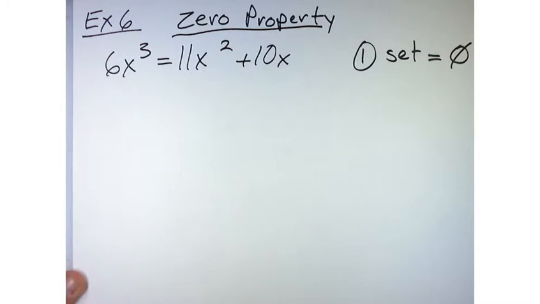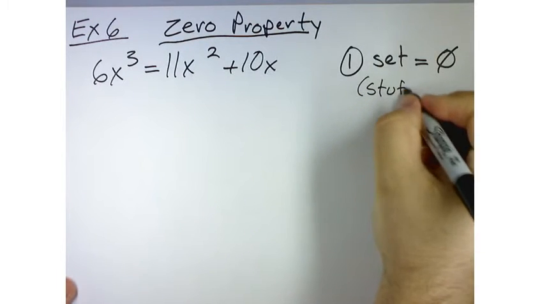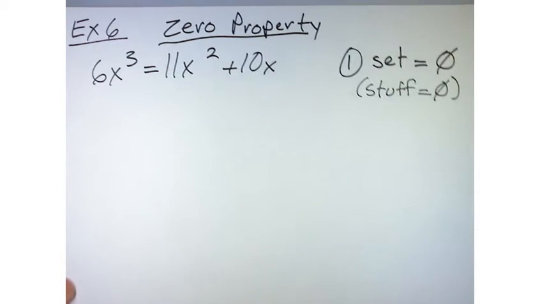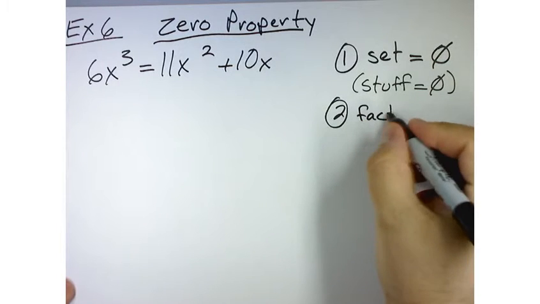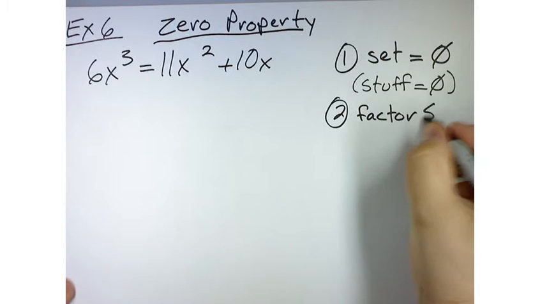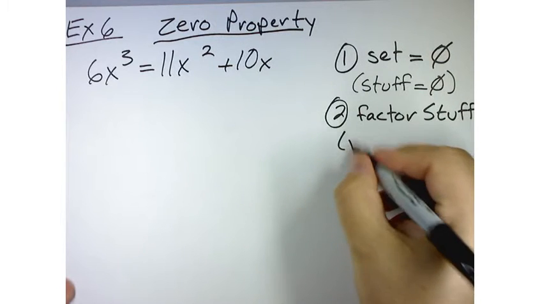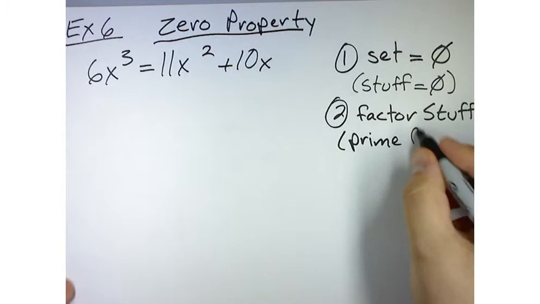Okay? So what you want is a bunch of stuff on one side of the equation equals 0 on the other side. Then part 2 is you're going to factor the stuff. And when I say factor stuff, there's a fancy math word we use. It's called prime factorization. Factor till you can't factor anymore. Okay?